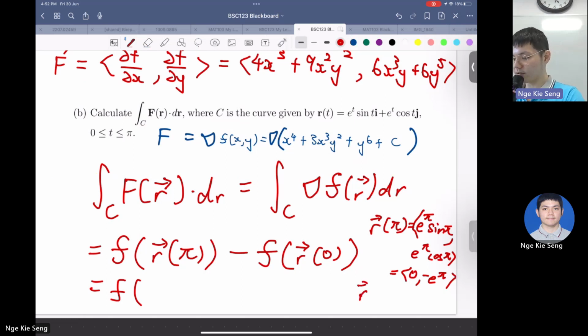How about r and 0? 0 and 1. 1. Because e to a 0 is 1. Okay. So the starting point, the end point is 0 minus e to pi.